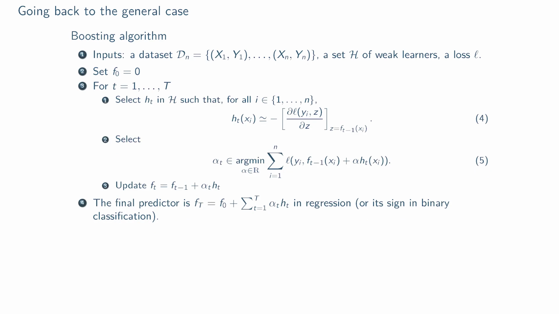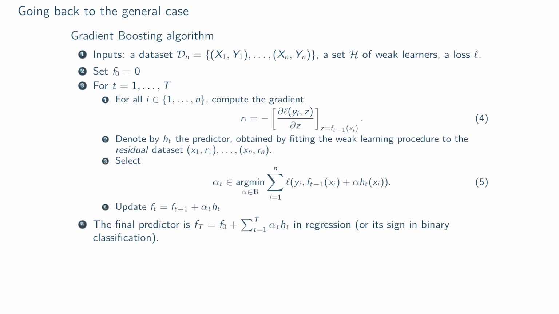One way to find ht, approximating this quantity, is to train a predictor on data that are composed of input xi and output minus the partial derivative of L with respect to z, where z equals f t-1 of xi. For each i, let us compute the previous quantity, minus the derivative of the loss, and store this quantity in an object denoted Ri.